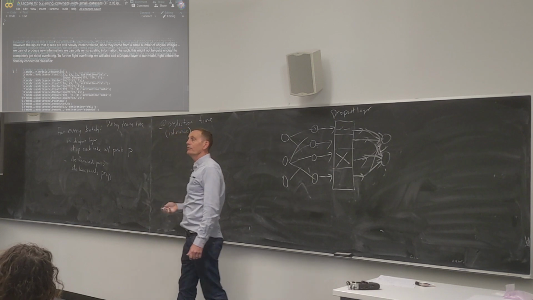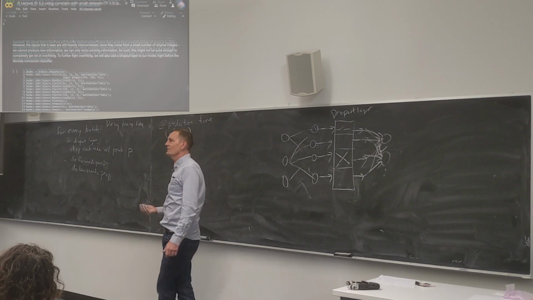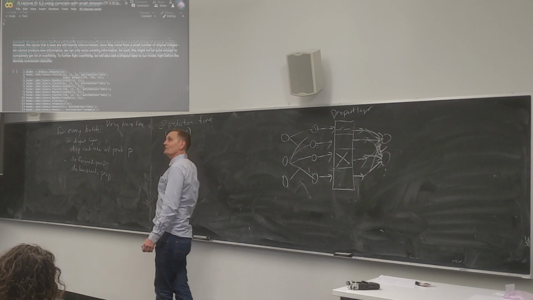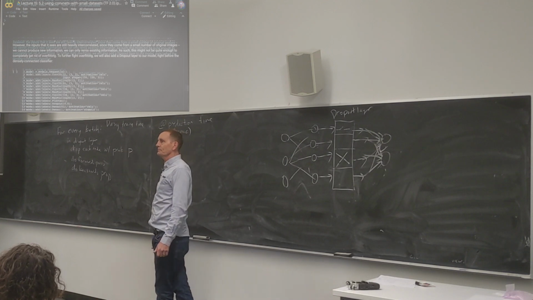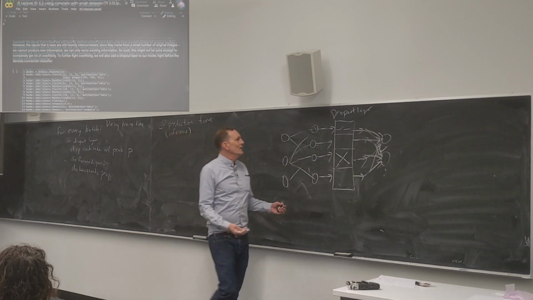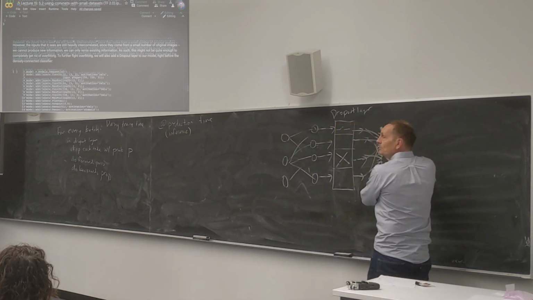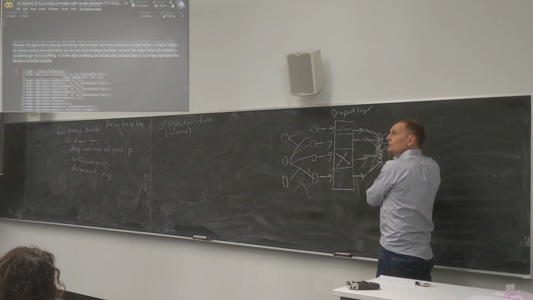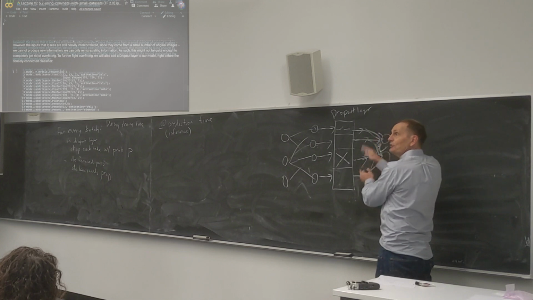If we're checking our validation loss or our training loss, we would just be doing a forward pass without any dropout. The only thing we do is adjust for the fact that the magnitude of the inputs coming in here when we were training is going to be different from the magnitude now that we've turned off our dropout.